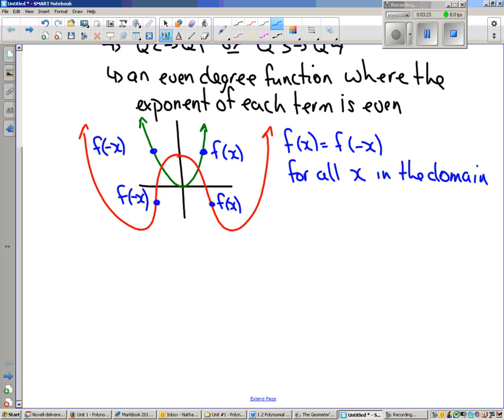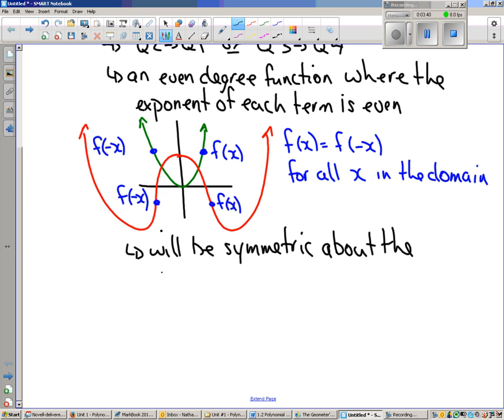When we're looking at an even function, it will be symmetric about the y-axis. Say we have an x value of 5. When you plug in negative 5, you have to get the same y value. So whenever you plug in the negative of the x, you have to get the same y. We're going to do a couple of examples to go through that.